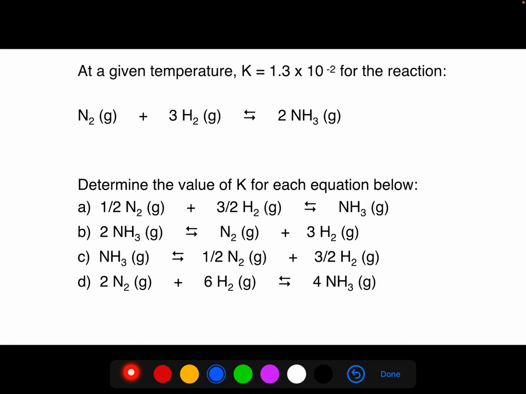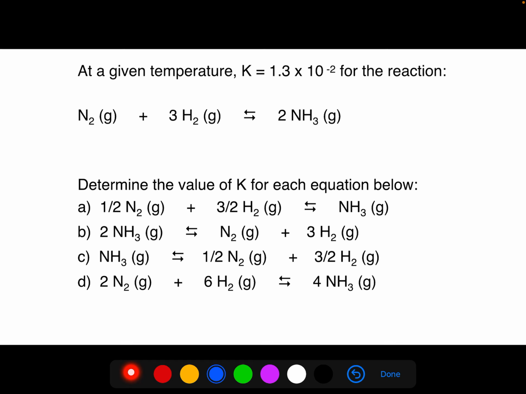So here is a way that these questions will come up. It says, at a given temperature, K is equal to 1.3 times 10 to the negative second for this reaction. And it gives us the reaction of nitrogen plus 3 hydrogens produces 2 ammonia. And it wants us to find the K values for the following.